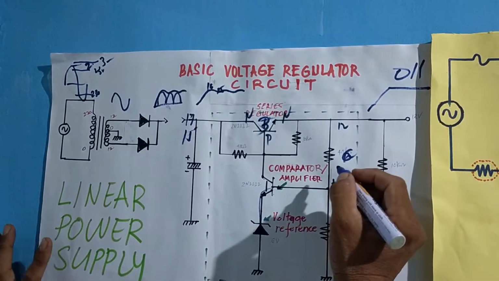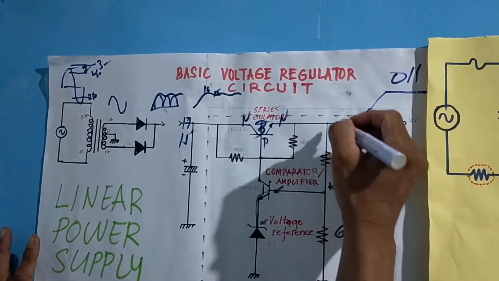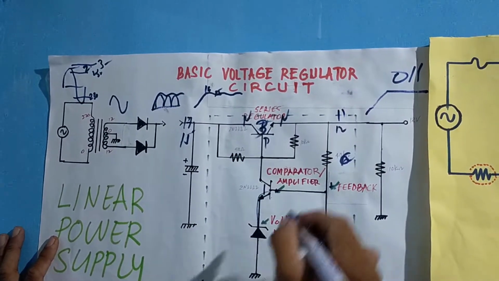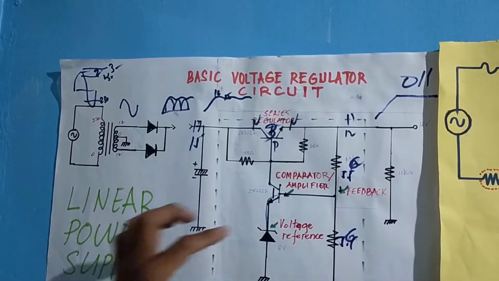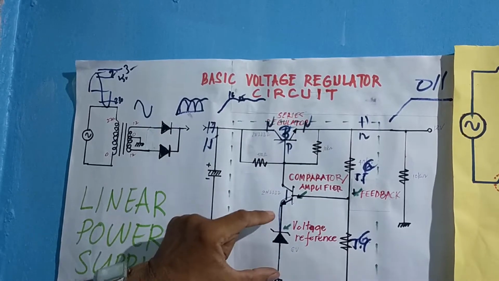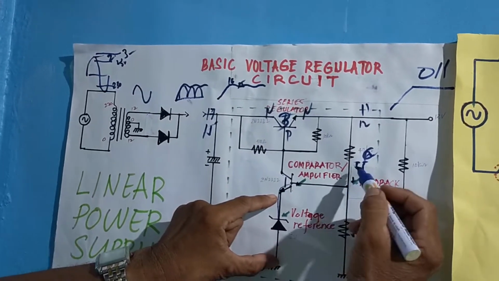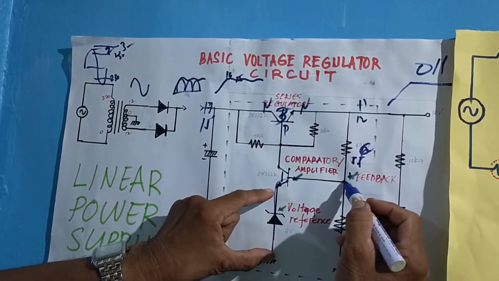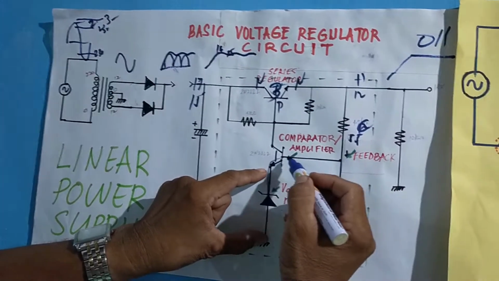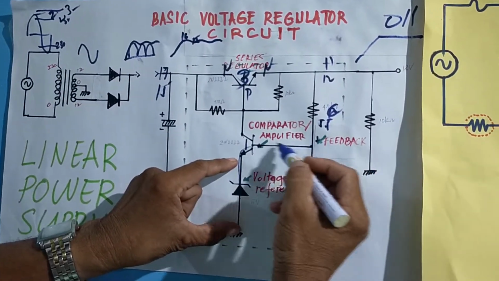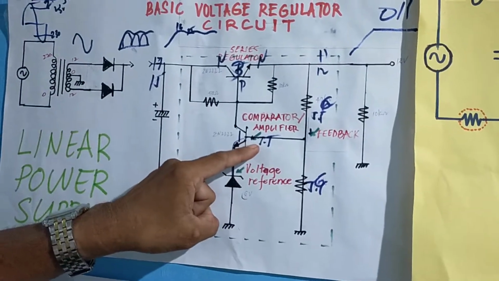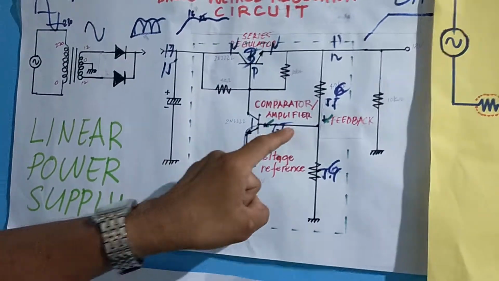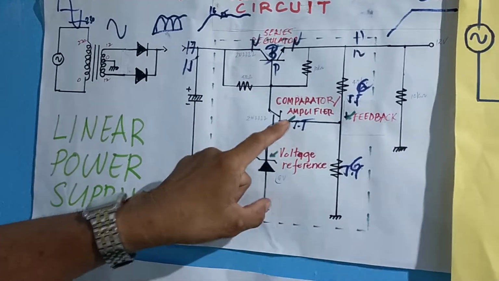But now, the voltage here is, let us say, 11 volts. This should be 5.5, 5.5, making it 11. So the reference is 6 volts, and this is 5.5. It is now detected by this comparator at the base. 5.5 against 6 volts, it is negative, because it is lower.